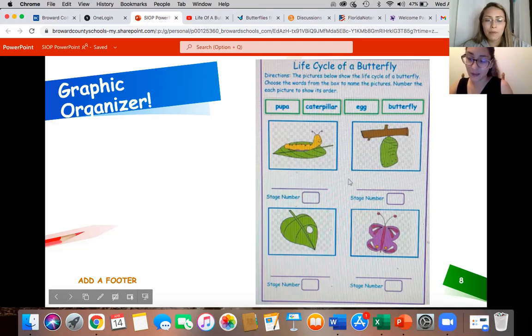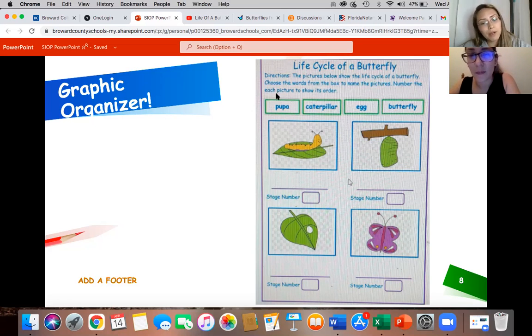Let's go back up to this little green thing hanging from a branch. What is that, boys and girls? Make sure to raise your hand. Yes, go ahead. Thank you for raising your hand. That is a pupa. So we'll go ahead and write the word pupa. And what stage number is that?